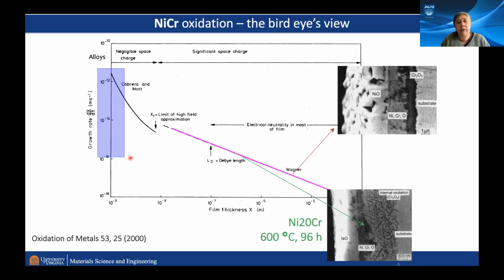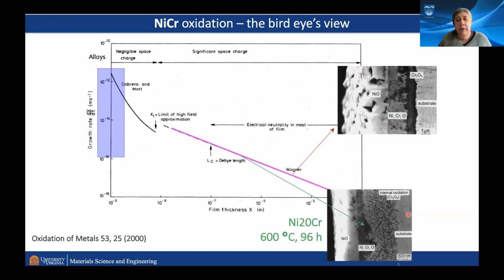At some point you have a closed oxide, but you have a kinetics, which is called Cabrera-Mott kinetics, and I'll show you in a second what that means. And then if you continue to grow, your kinetics change, and you have something which is called Wagner type growth, where you get these really thick oxide layers, which have nickel oxide and chromia and spinels, and they look very inhomogeneous here also.